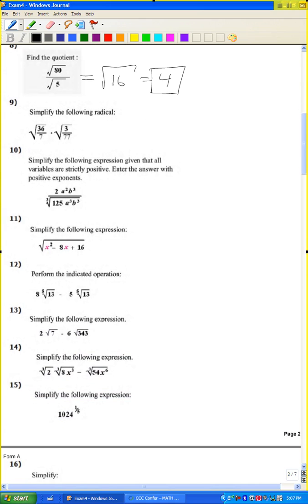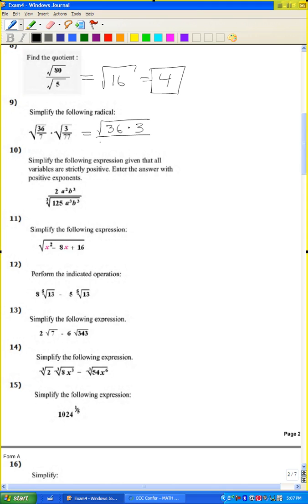Let me do problem number 9. And so this is the same as the square root of 36 over 7 times the square root of 3 over 77, which is the same as the square root of 36 times 3 over 7 times 77.